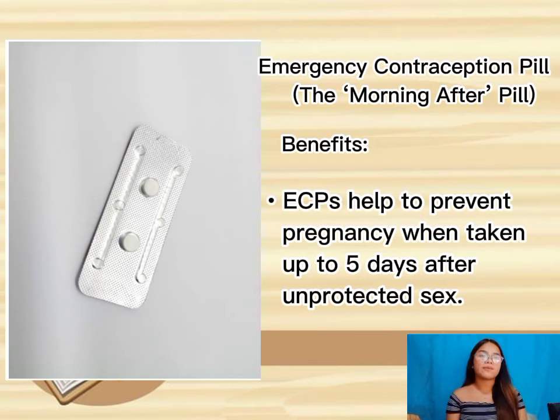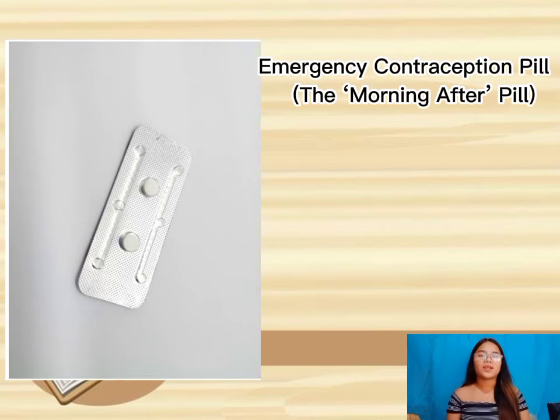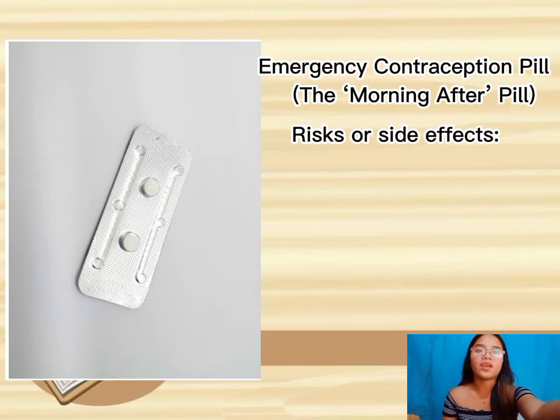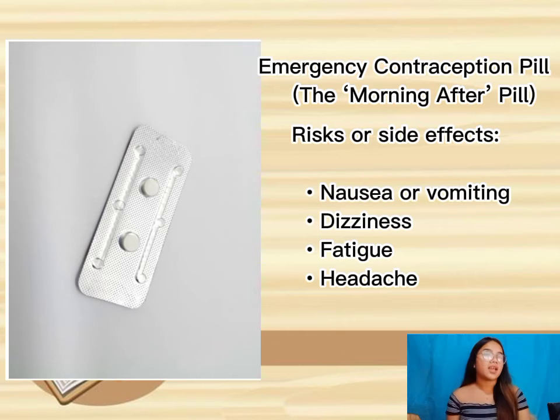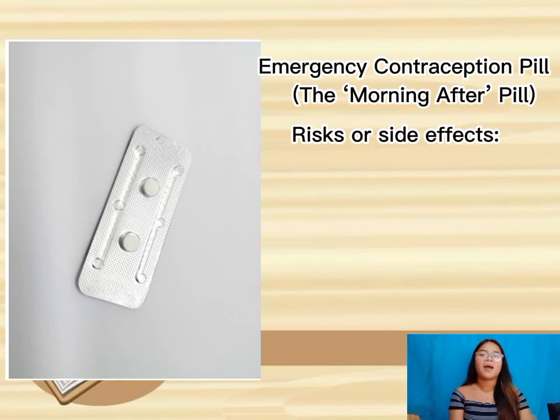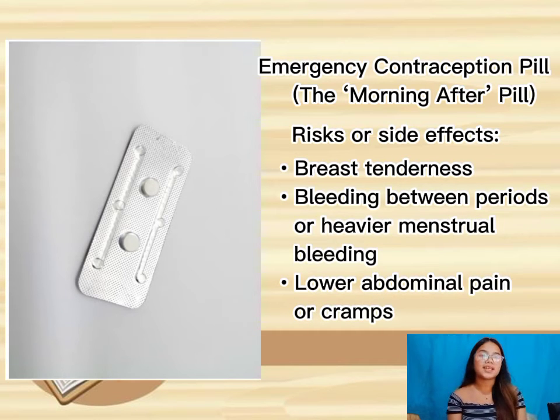ECPs help to prevent pregnancy when taken up to 5 days after unprotected sex. And the risks or side effects of it are nausea or vomiting, dizziness, fatigue, headache, breast tenderness, bleeding between periods or heavier menstrual bleeding, and lower abdominal pain or cramps.